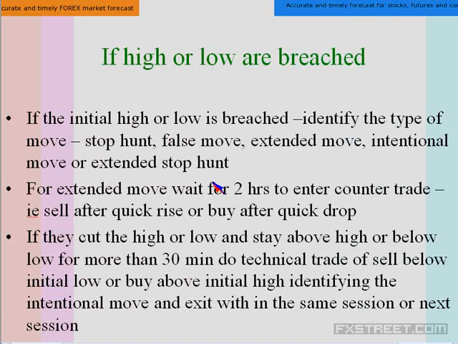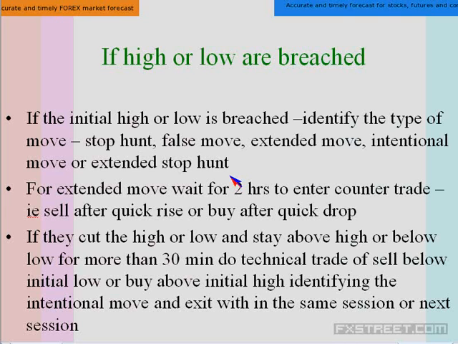Suppose they started making a drop during the Japanese and European sessions, then in the US session they make an initial dip and then subsequently rise. Similarly, if they continue to rise during the Japanese and European sessions, in the US session they make one more rise and then make the drop. So that is how the intentional move is done. So we read those types of moves and try to take positions accordingly.